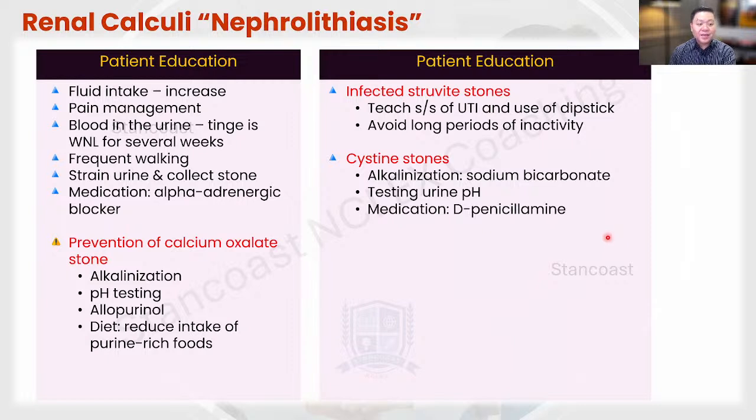So again, that is the D-penicillamine. This will dissolve the stone. Also make sure that you educate them for consistent use of the medication in order to properly reduce the amount of this type of stone, especially the cystine stone.